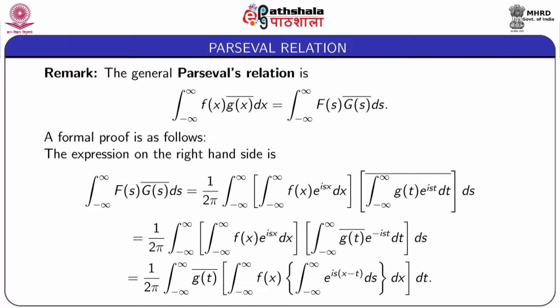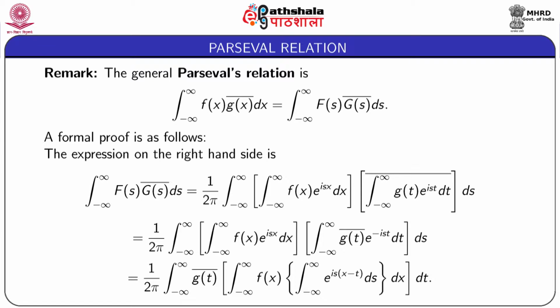Now, we manipulate this step to get 1 by root 2 pi integral minus infinity to plus infinity g bar(t) into the integral from minus infinity to plus infinity f(x) into the integral from minus infinity to plus infinity e to the power i s (x minus t) ds dx dt.